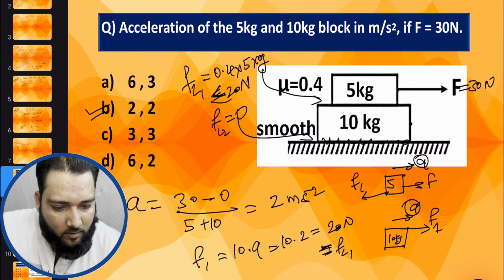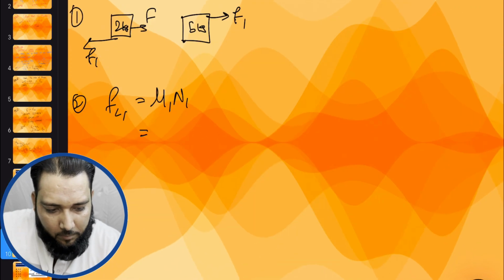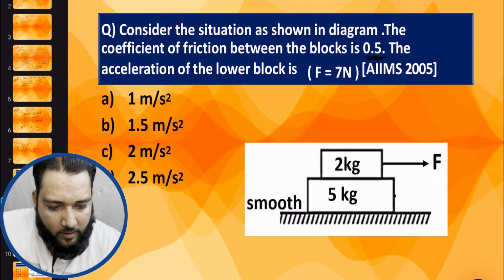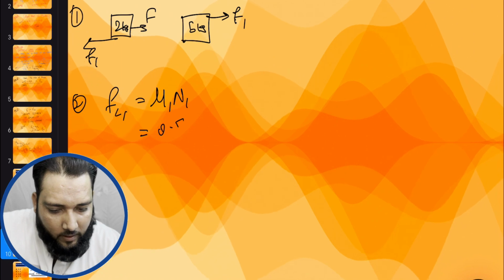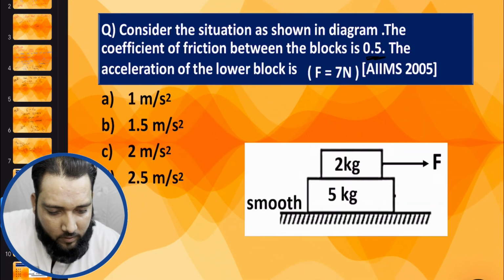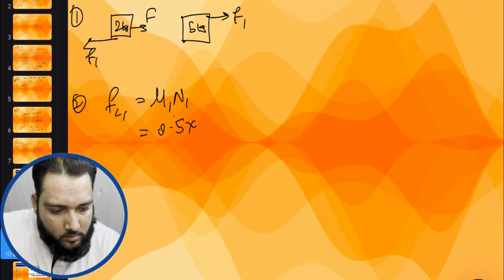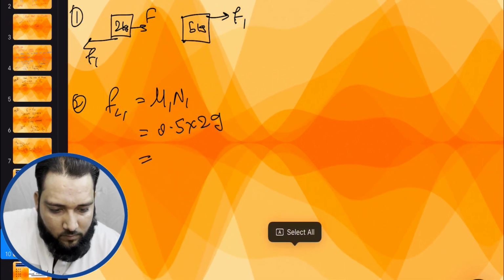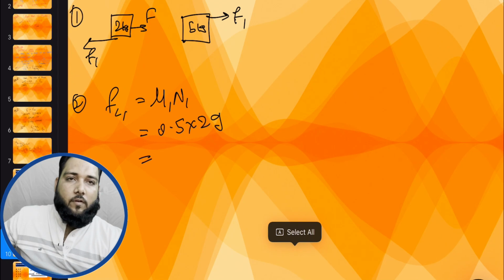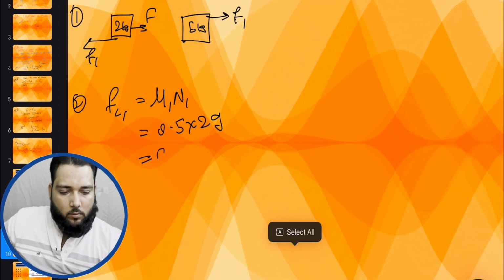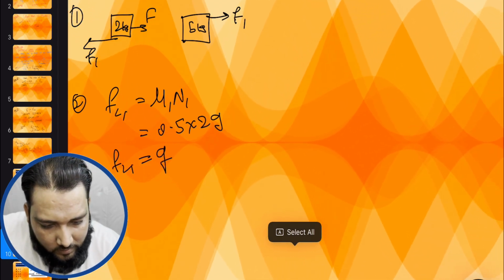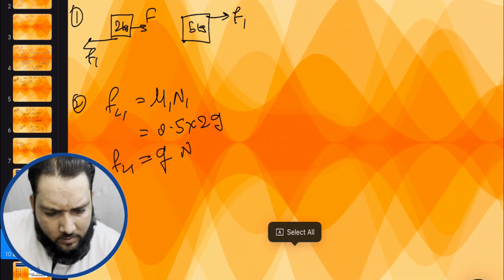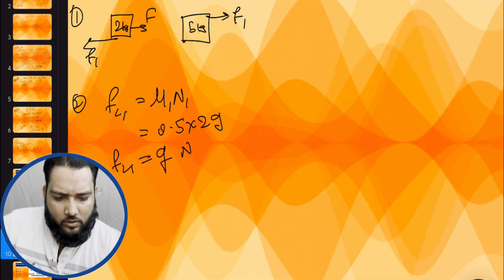Be careful, keep g as it is. So 0.5 into 2 is 1, and g. So FL1 is g Newton. Whatever value we take for g, we will see later. That 10 Newton is used elsewhere.